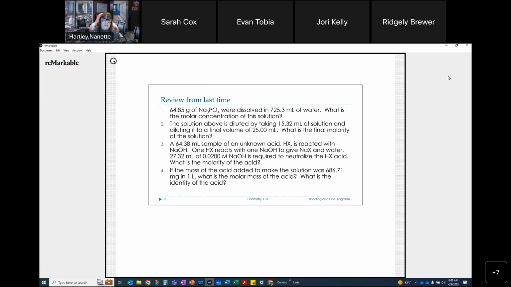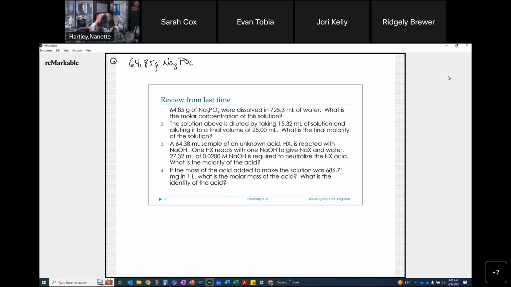Okay, so if I want to talk about molar concentration, we have 64.85 grams of Na3PO4. And if I want a molar concentration, I have to have a molecular weight. So my Na is 22.990, multiply that by 3, I add to that the mass for the phosphorus, which I have here as 30.974.